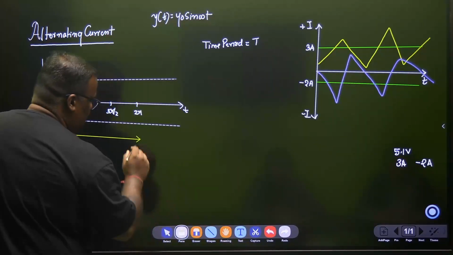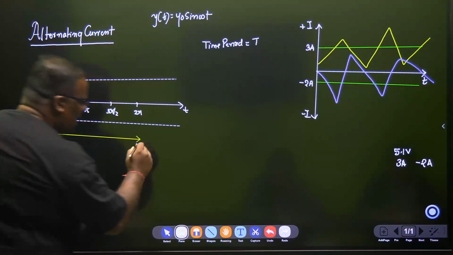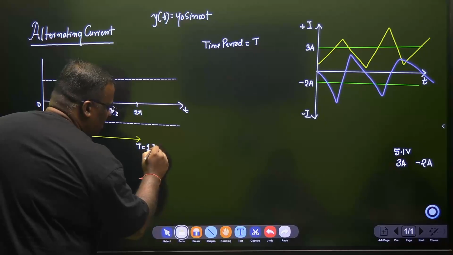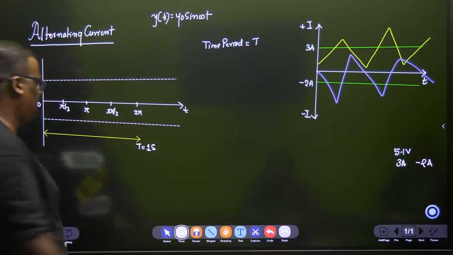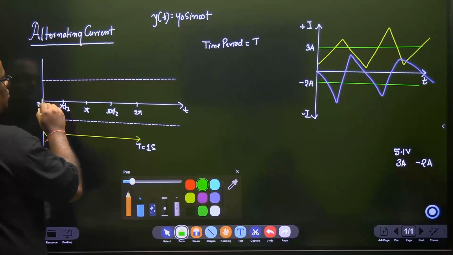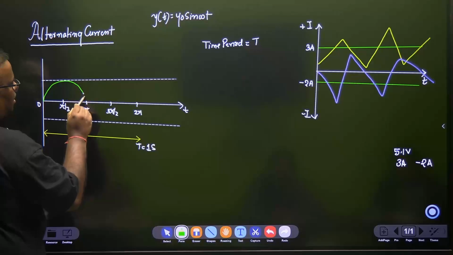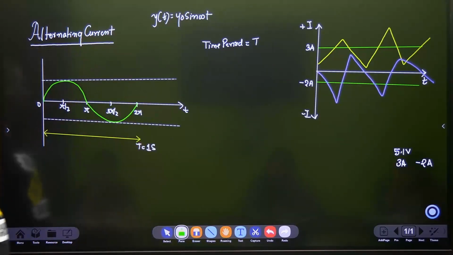This time period is T. Have you understood? And let's say this time period T is 1 second. Let's say 1 second to complete one cycle. So how do we see our cycle of a sinusoidal function? Our sinusoidal function will go like this and then again go like this.